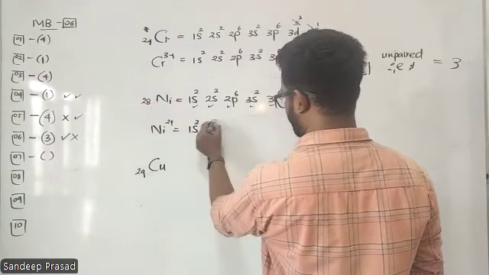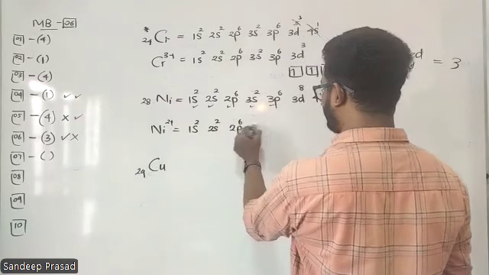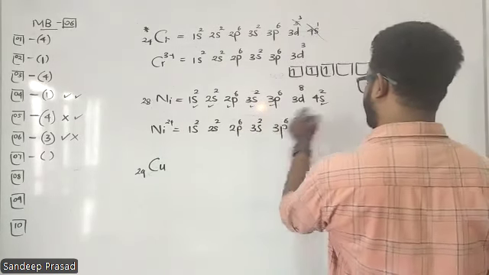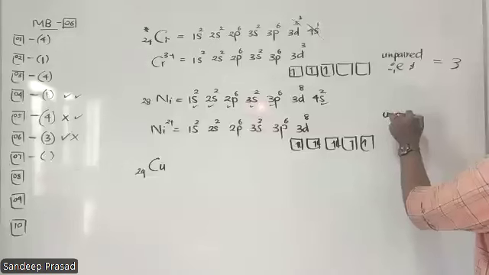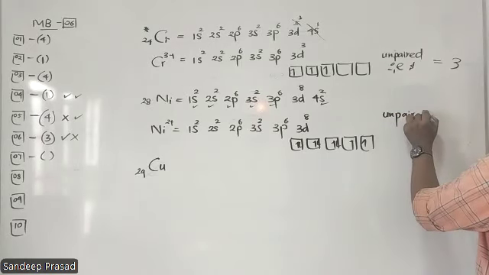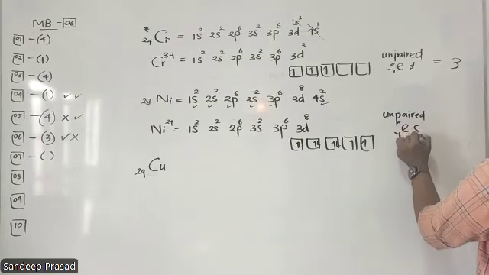That means 1s2, 2s2, 2p6, 3s2, 3p6. When the electrons are removed, the electrons should be removed from the valence shell. Therefore, 3p6, 3d8. In the d sub energy level, there are 5 orbitals. 1, 2, 3, 4, 5, 6, 7, 8. Then 2 unpaired electrons. No? Unpaired electrons are 2.